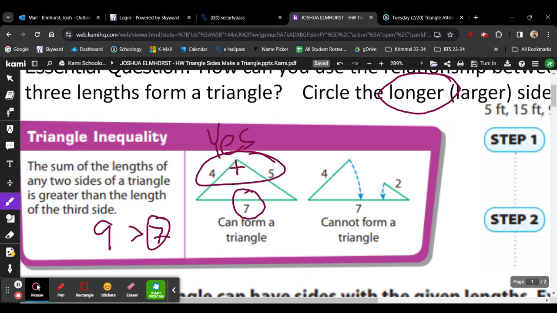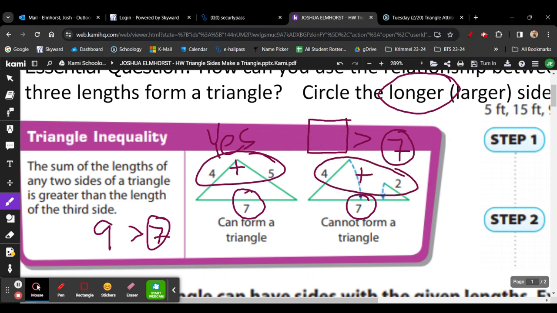So we look at the yes example, go to the next one. We have the side lengths of 4, 2, and 7. Which one's the longest side? 7 is the longest side. So as a strategy, I'm going to have my students circle the hypotenuse, circle the longest side, and then ask, what is the comparison of the other two sides?